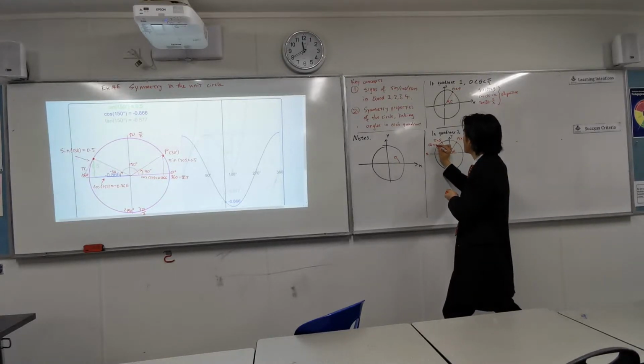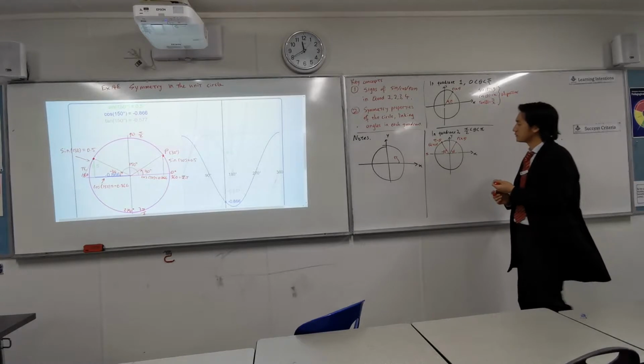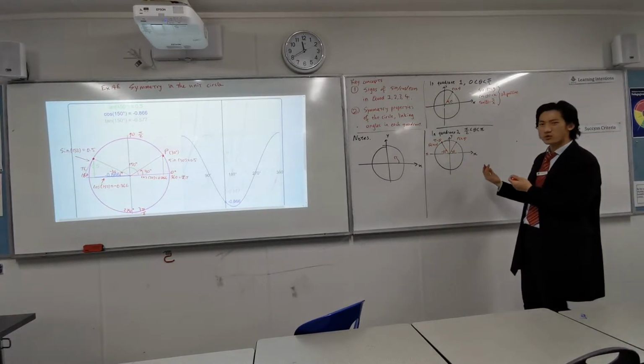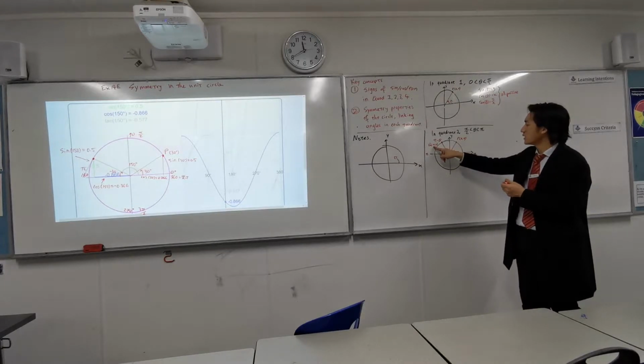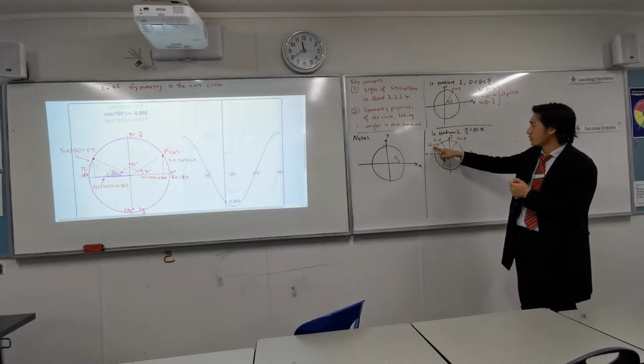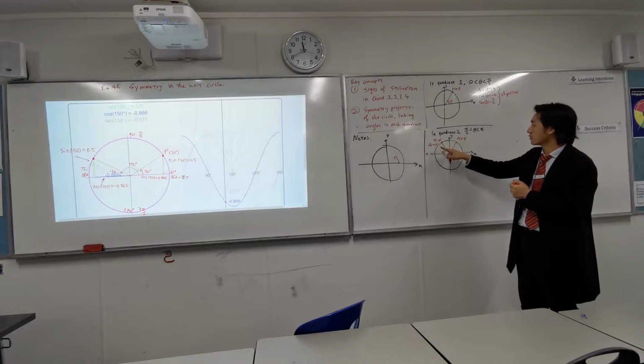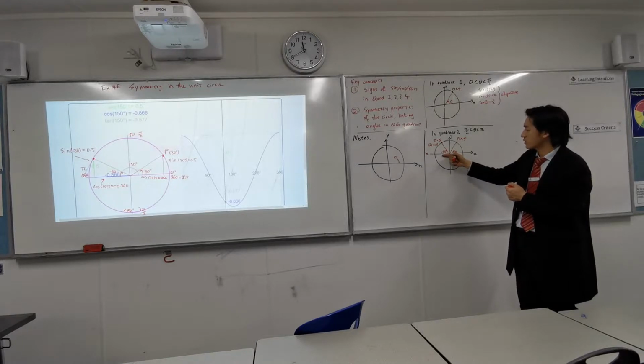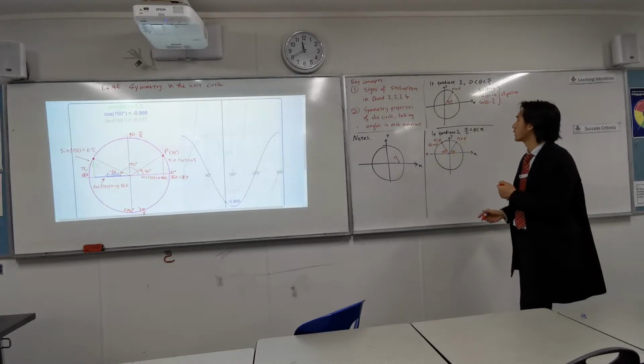So it would be negative x, comma y. That's point Q. And that tells something to us about the value of the cosine. Cosine, remembering, is our x coordinate, which means in quadrant 2, our x coordinate is negative. Our direction for the cosine is pointing in the negative direction.